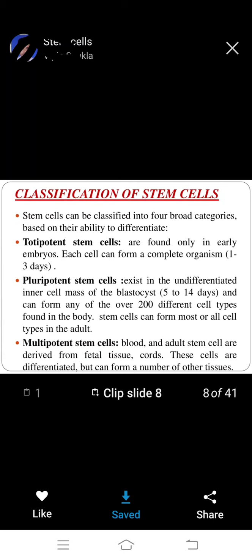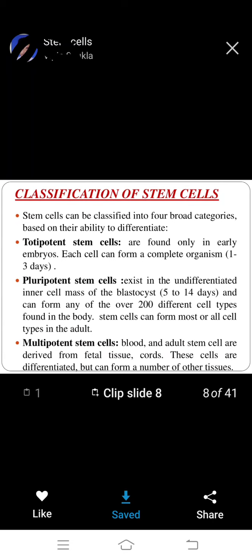Okay, multipotent stem cells. Multipotent means multiple; these cells differentiate from pluripotent stem cells.